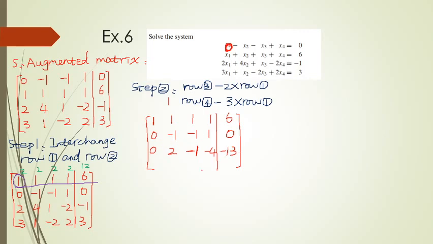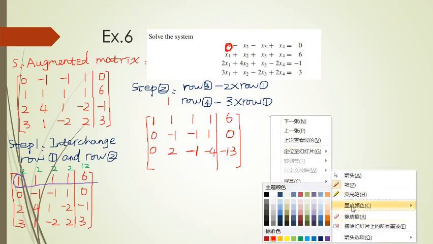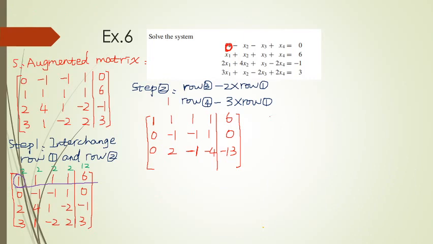So far it's good. If you made a mistake on any one number, then your solution will be wrong. So be careful of each simple calculation. If you mess up any one entry in the matrix, then it's totally wrong.